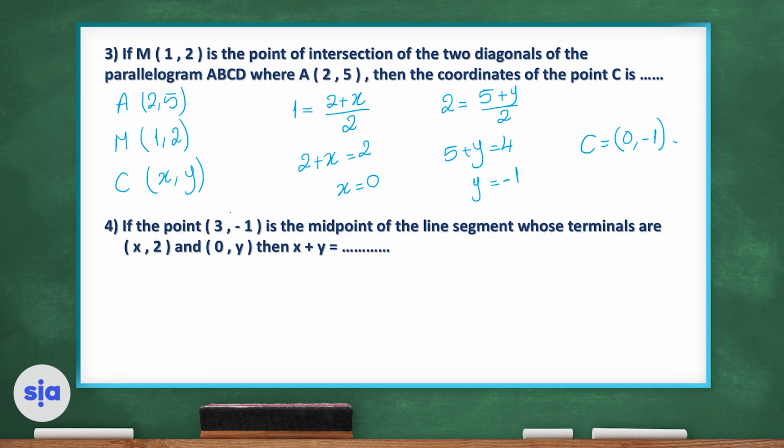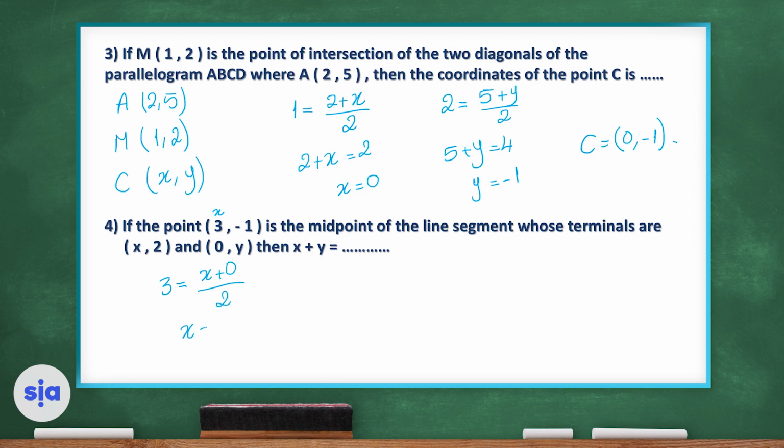Let's move on to question 4. Question 4 says, if the point 3 and -1 is the midpoint of the line segment, whose terminals are x and 2 and 0 and y, then what is x plus y? The terminals are the 2 endpoints. So the x part of the midpoint, that is 3, came from x plus 0 over 2.